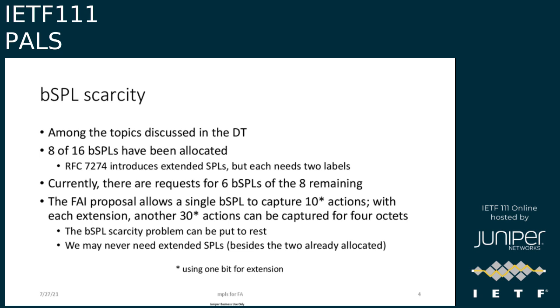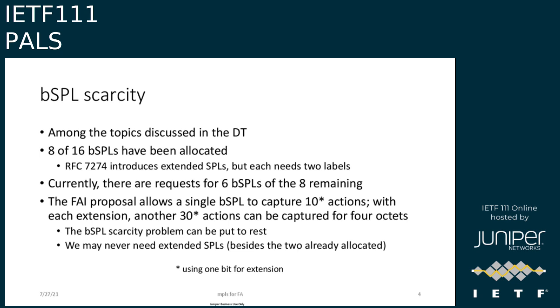And if you use 1 for extension, because people have already said, oh, only 10 actions per label is not enough, which fair enough, you can then say, I will use one of the bits to say the next label, or the next 4-octet field, has another 31 actions, of which again one could be an extension field. So you have 30 actions.